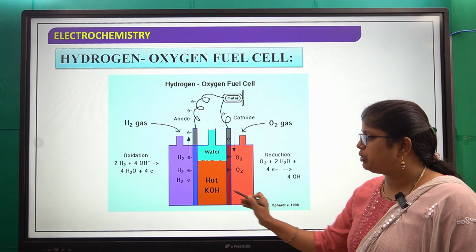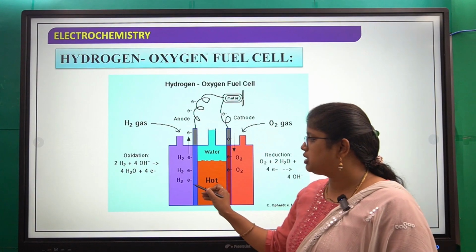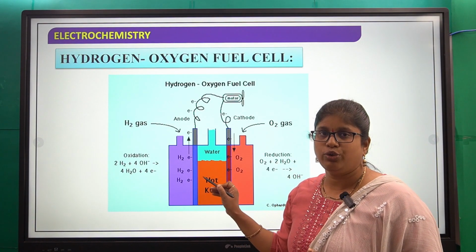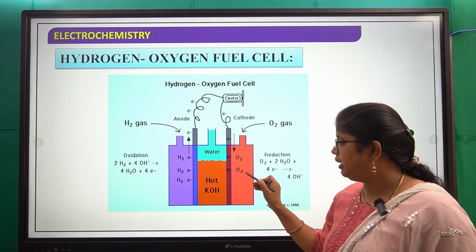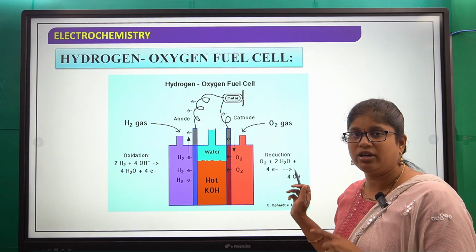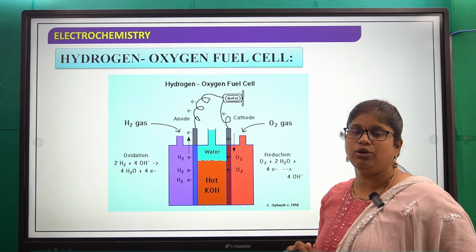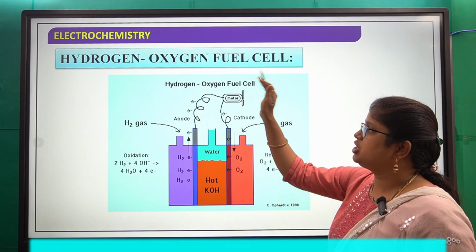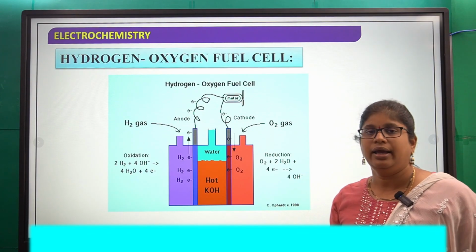Now those OH minus ions enter the middle compartment. This OH minus again combines with hydrogen and forms H2O and electrons. The electrons move like this, and again oxygen takes those 4 electrons in the presence of water and gives 4 OH minus. This process continues and releases more energy. That energy is converted to electrical energy.